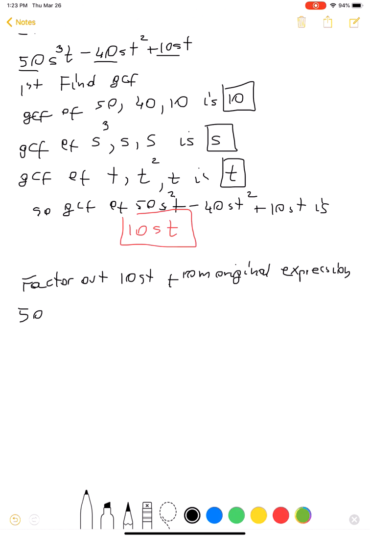We have 50 s to the third power t minus 40 s t squared plus 10 st, and I'm factoring out the GCF, which is 10 st. Don't forget it's a product, it's a multiplication between each of them. So we're factoring. Okay, so what's going to happen? You take your original, so here I'm showing work.